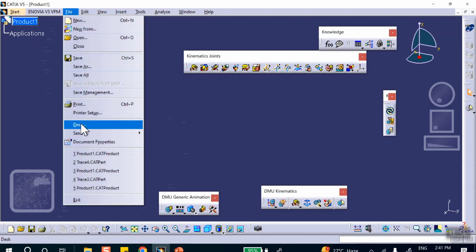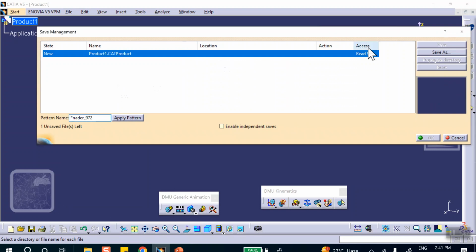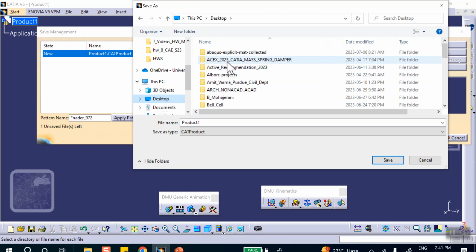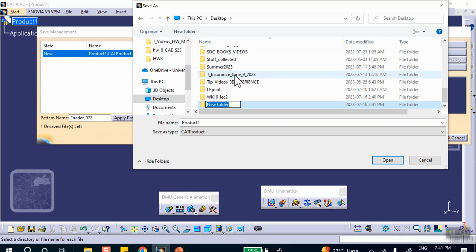So file, save management, save as, desktop, new folder, and I will put here blocks racing.